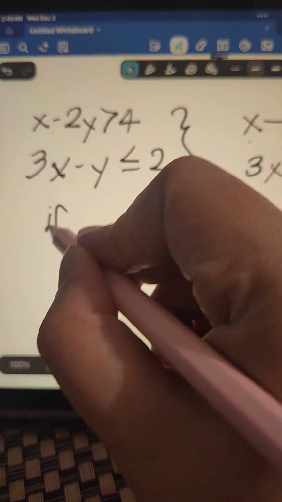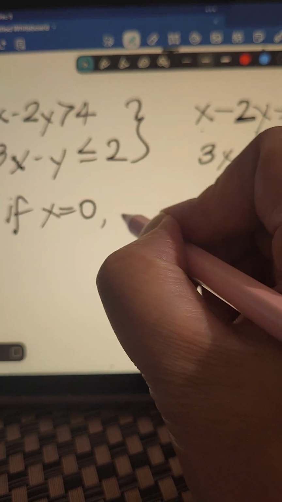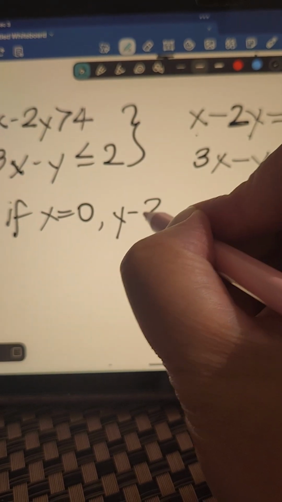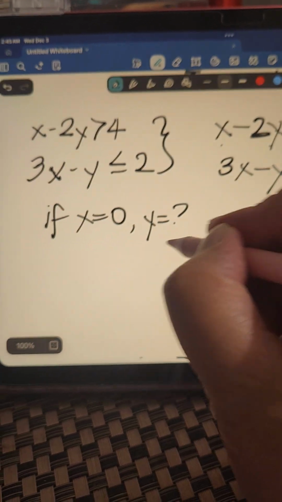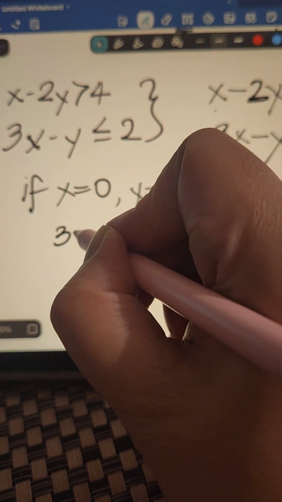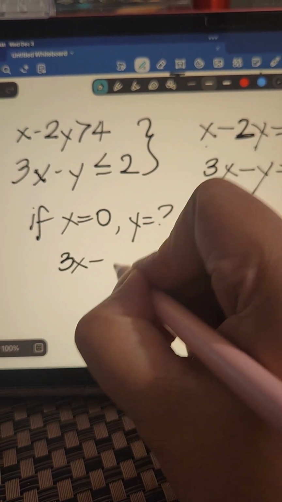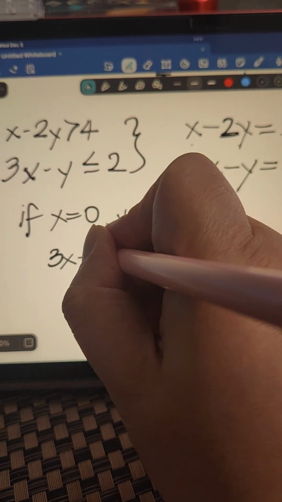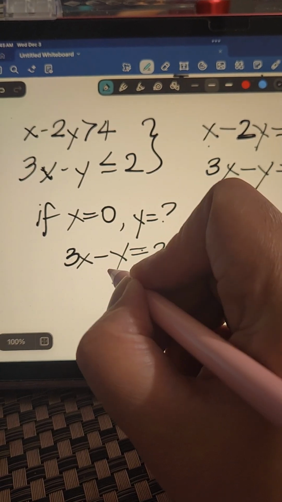So if x is 0, then what is y? Alright, so substitute lang. So 3x minus y equals 2.